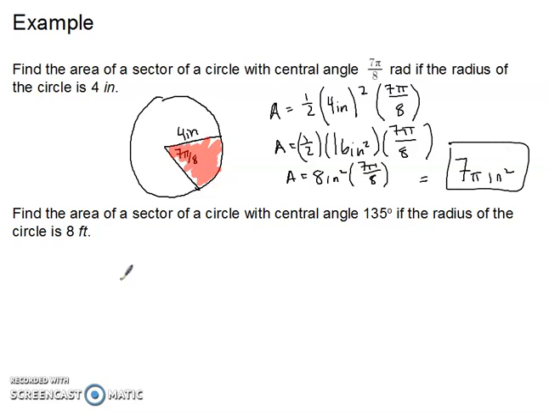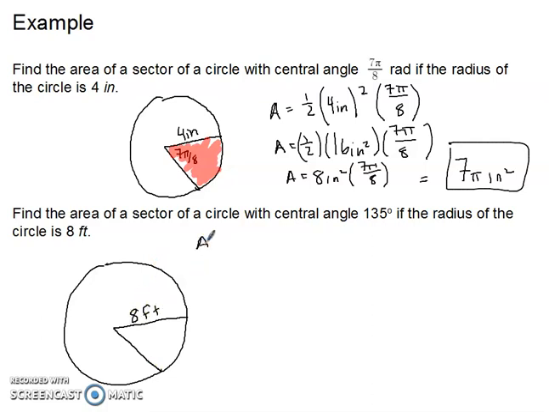And lastly, find the area of a sector of a circle with a central angle of 135 degrees if the radius is 8 feet. So in order to use our formula, area equals 1/2 times the radius squared times theta, theta must be in radians. So I'm going to go ahead and convert. I know that 1 degree is equal to pi over 180 radians.